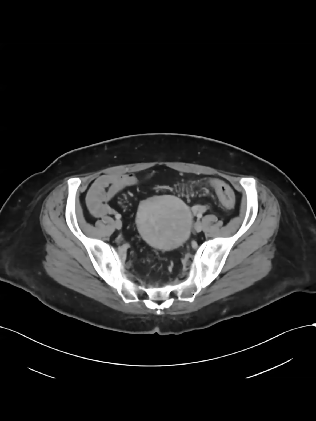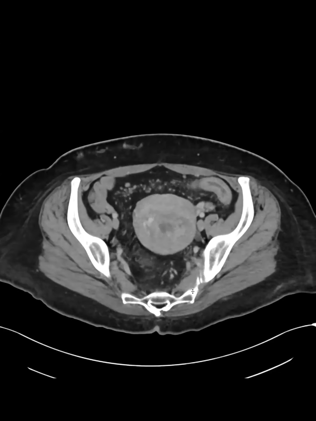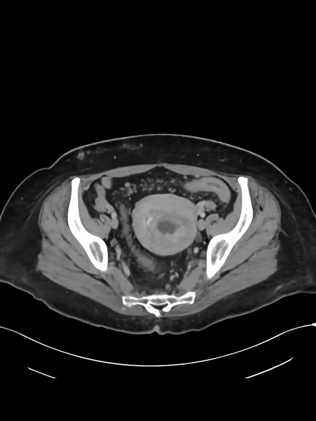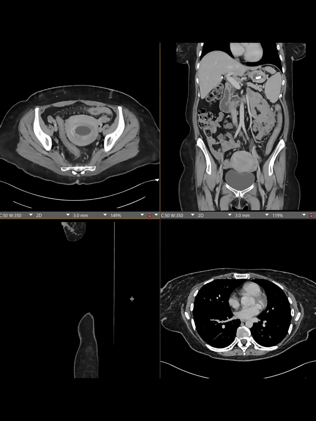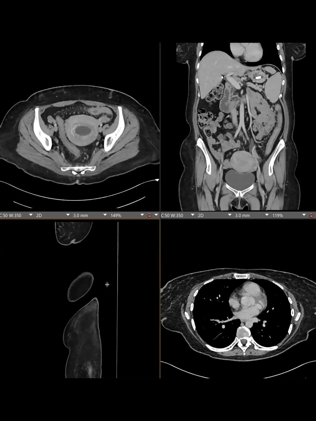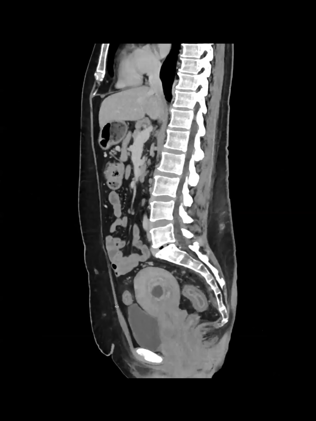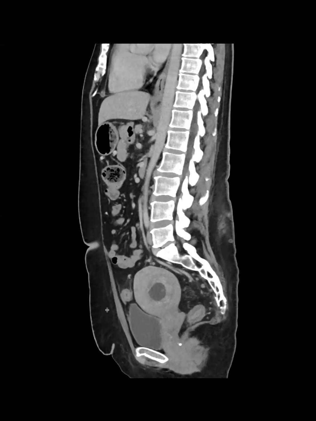How old is the patient, and do they have a negative HCG? The patient is late 40s, and HCG is pending. I mean, it could just be related to their menstrual cycle, but it almost looks like a gestational sac with a decidual reaction underneath it.